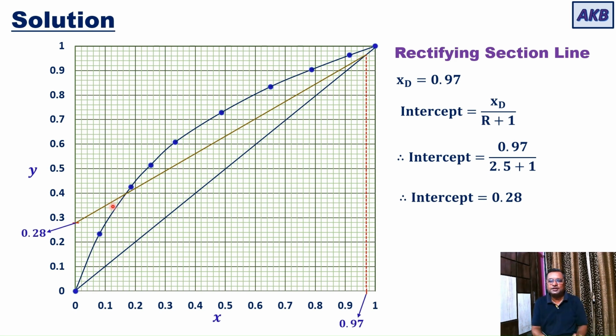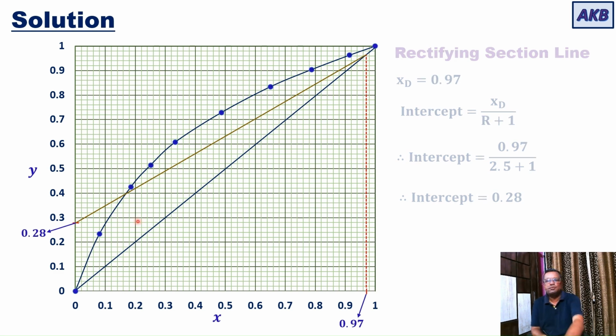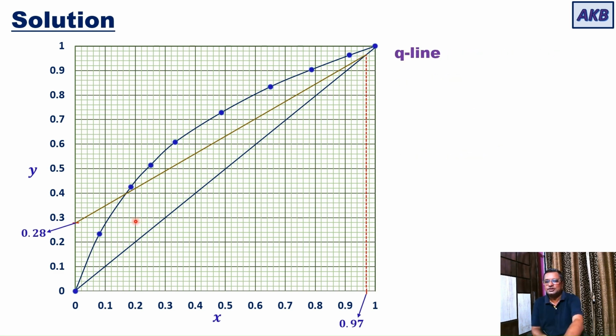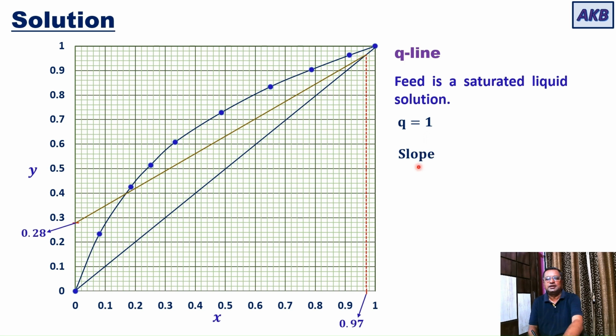So after plotting the distribution diagram by using the equilibrium data that is given to us, we have plotted the rectifying section line. We have to plot the Q line. For that, we need information regarding the feed. And feed is a saturated liquid solution. For saturated liquid solution, Q is equal to 1.